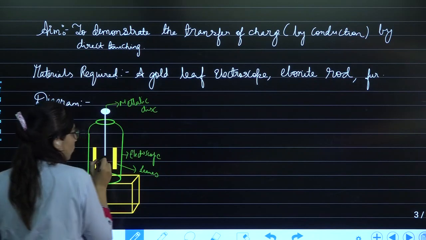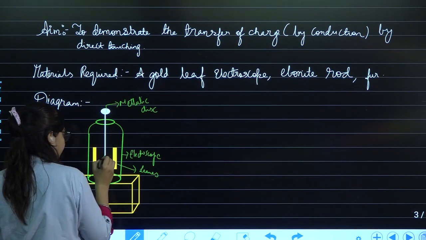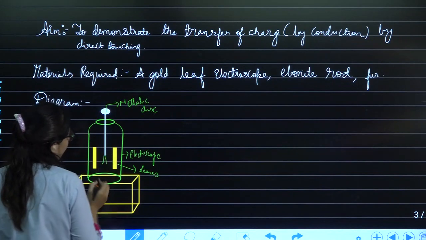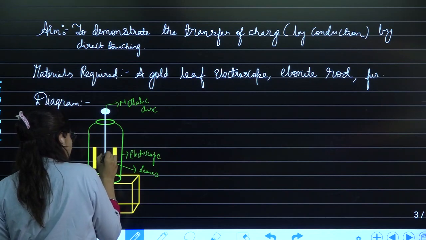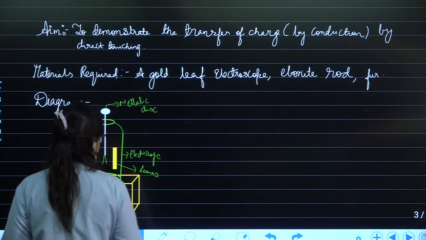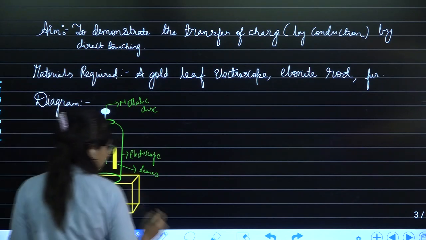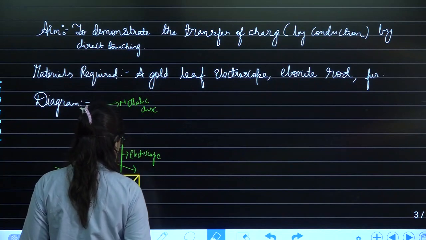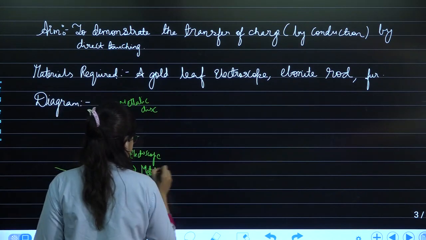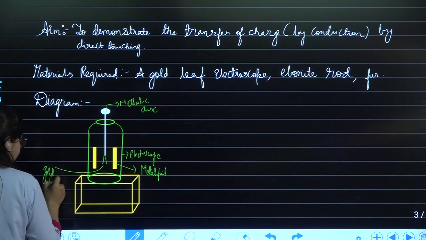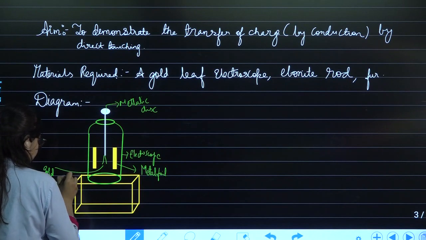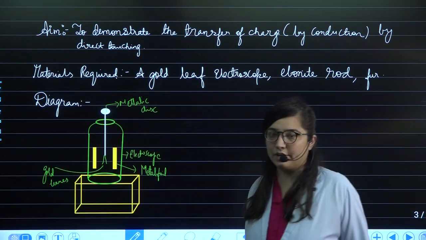And here are two gold leaves, which are kept in the steady state position. Okay, so this is the whole arrangement.